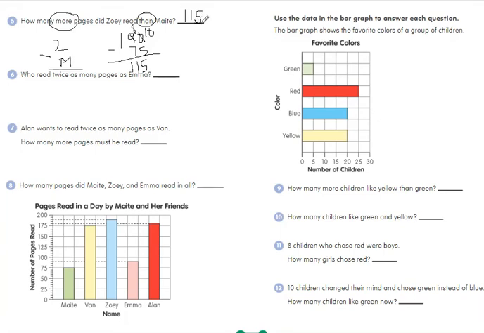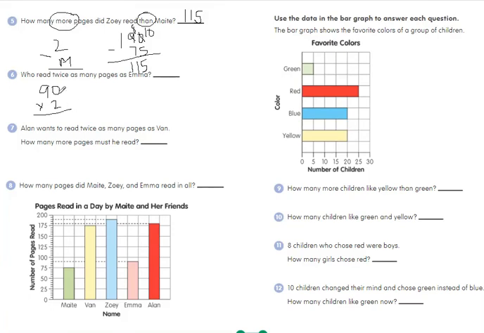All right, who read twice as many pages as Emma? So Emma read, let's see, 75, 80, 85, 90. Emma read 90 pages. So who read twice as many as her? So what we would have to do is take 90 and multiply it by 2 since it's twice as many.